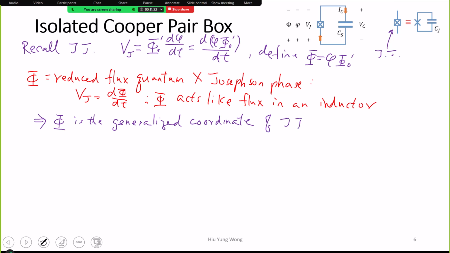There are no coordinates whatsoever, but when we studied the LC tank, we did have a generalized coordinate, which is the flux in the inductor. And now through this equation, we claim, not prove, that this phase times the reduced flux quantum, which we call phi, is the generalized coordinate of JJ. Any questions? This is a very big transition, but any questions?